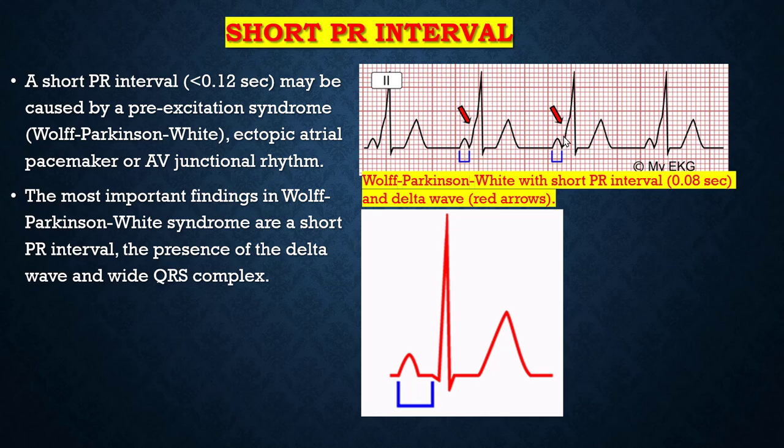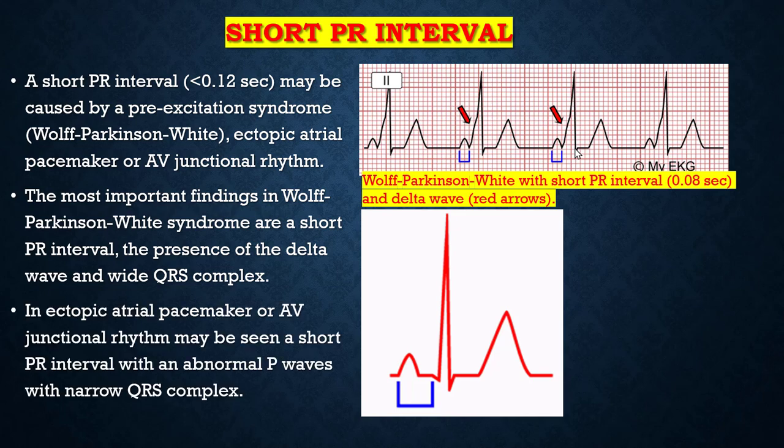The presence of the delta wave and wide QRS complex. This is a delta wave and wide QRS complex. This is a normal QRS complex, and here the QRS complex becomes wide.